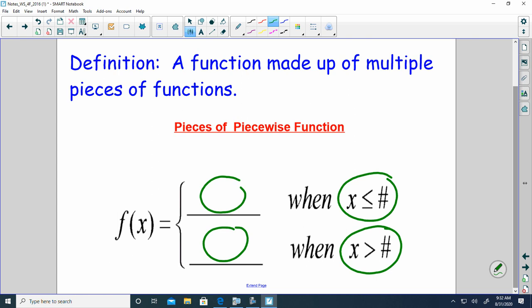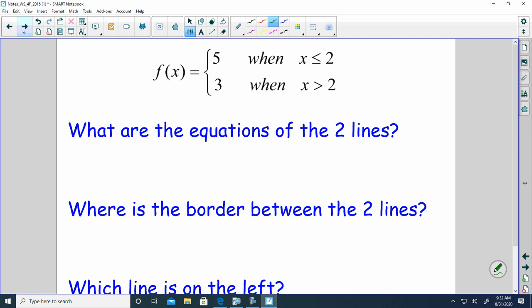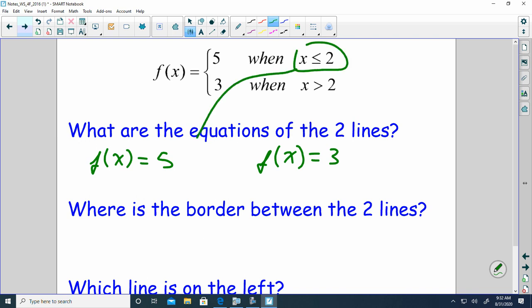So let's take a look at what these graphs might look like, and maybe we can start deciphering how to work these. So what are the equations of the two lines? Well, you have f at x is equal to 5, and you also have f at x is equal to 3. So there's two of them. But you're bound by this one, and you're bound by this one.